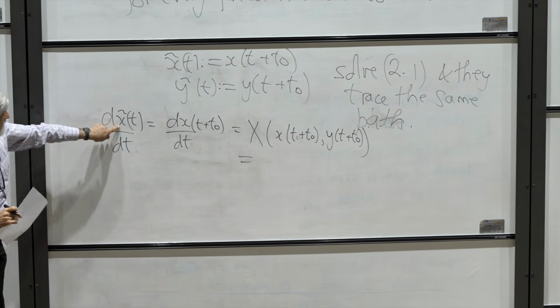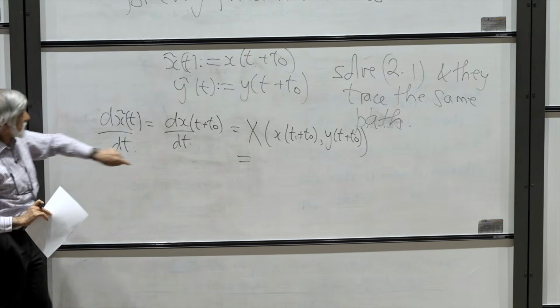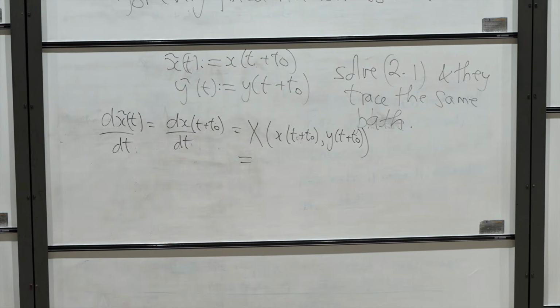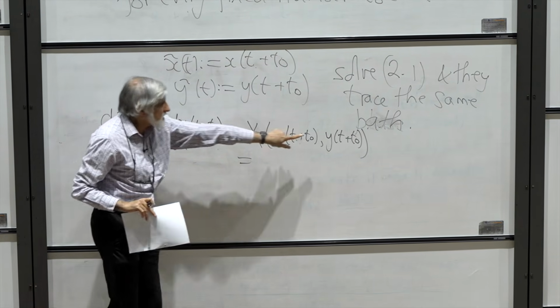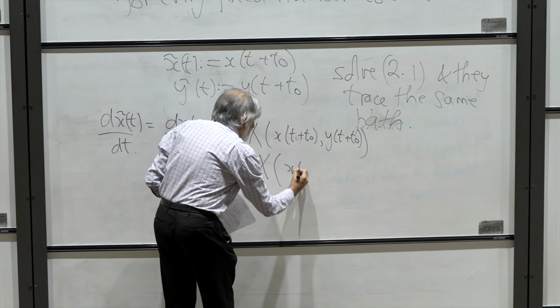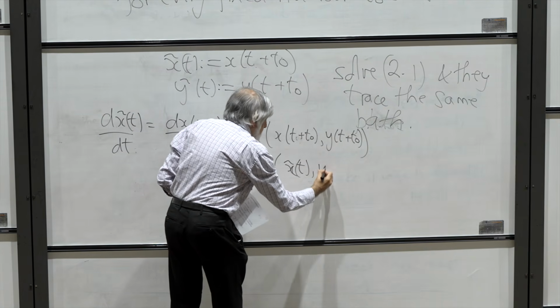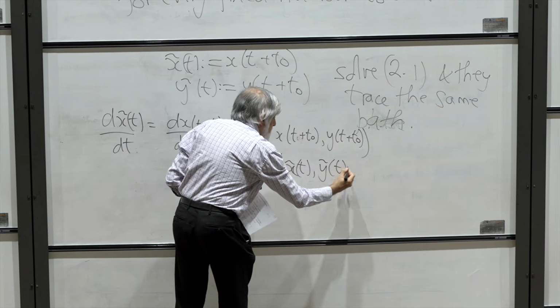Okay, because that is just that, and that satisfies equation 2.1, so it's this, and now that is x hat of t comma y hat of t.